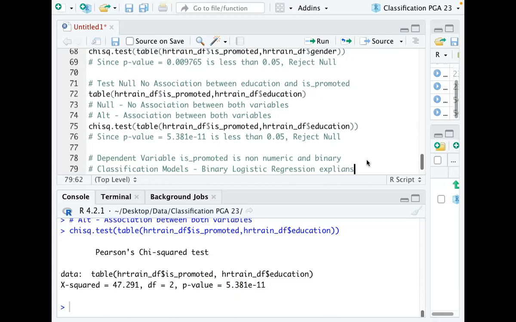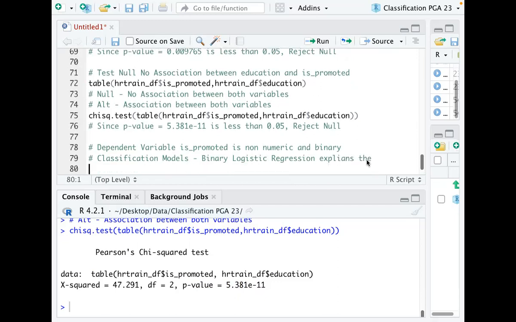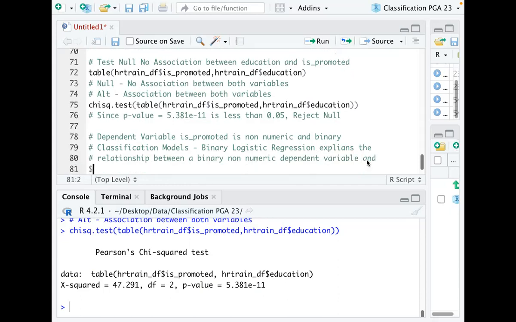It explains the relationship between a binary non-numeric dependent variable and multiple independent variables.